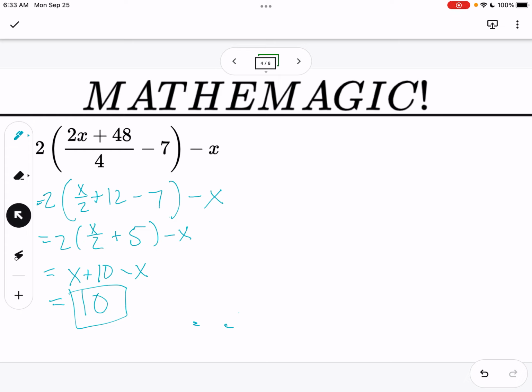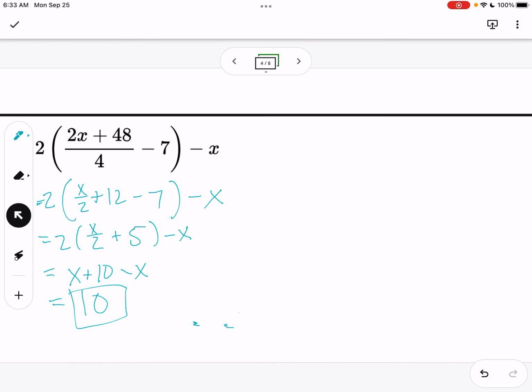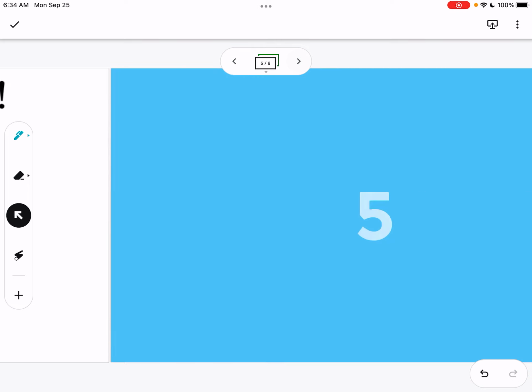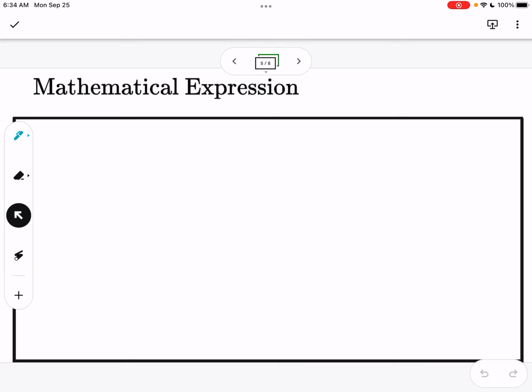So this is not really mathemagic, it's simply mathematics. So now we talked about simplifying a mathematical expression. So the question is, what is a mathematical expression?